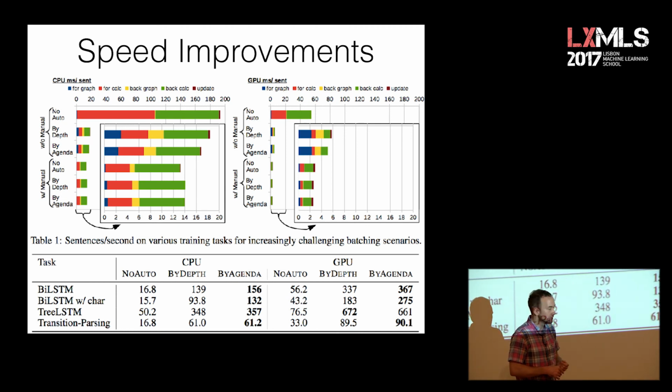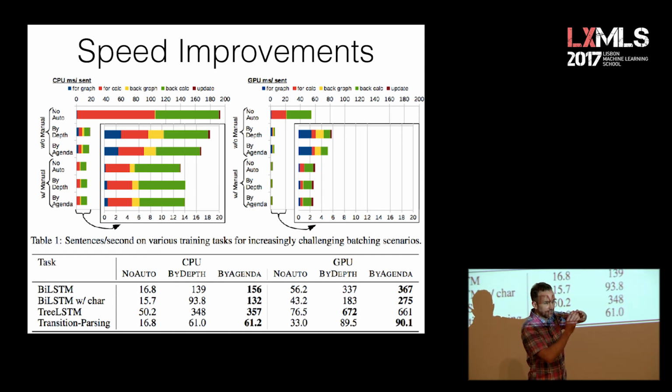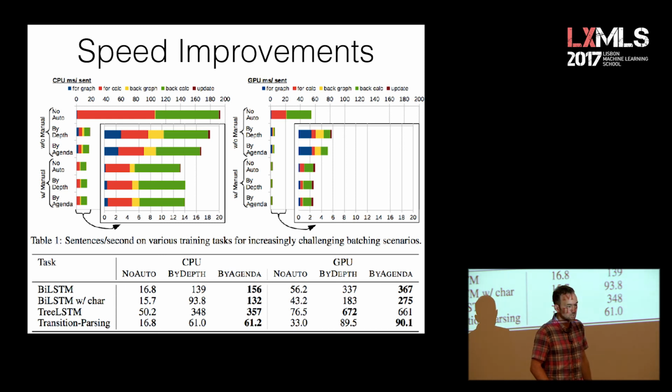In this example, we had manually mini-batched the LSTM operations for each time step. We had manually mini-batched the softmax for each time step, but the softmax is across time steps, and the word embedding lookups were done separately for each time step, which is kind of a natural way to do things. You treat each time step separately. And in this case, the automatic mini-batching went in and batched those together as well. So we got additional improvements over even the manually mini-batched thing.